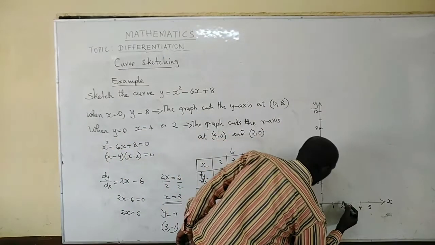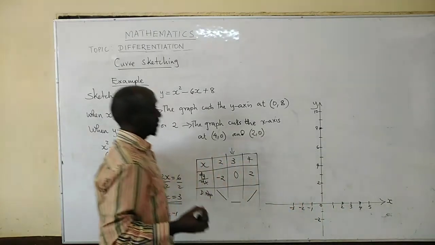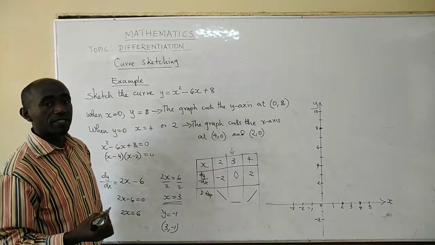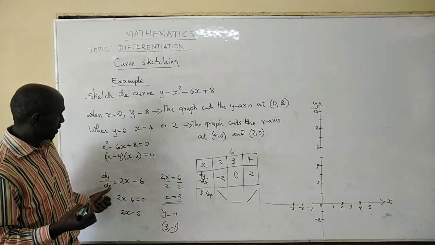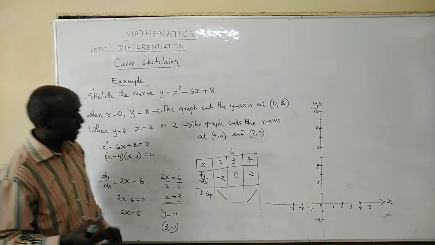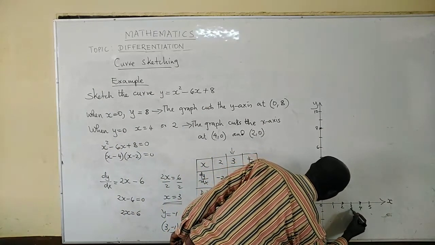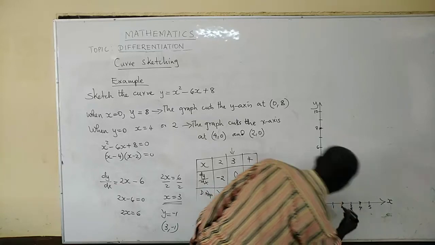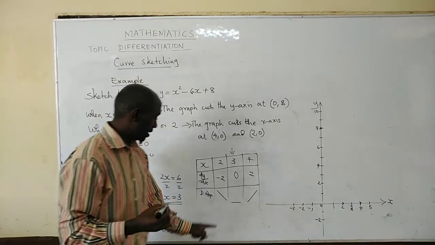That is at (2, 0) here and (4, 0) here. Then we have a stationary point at (3, negative 1), and that stationary point is a minimum point.